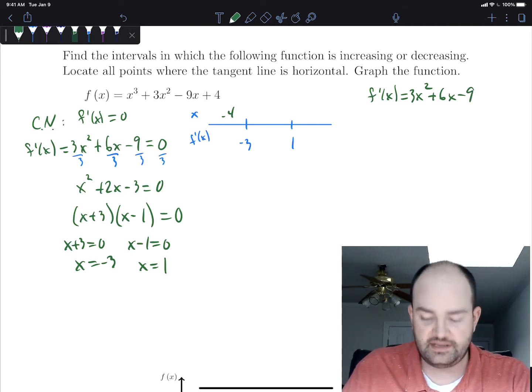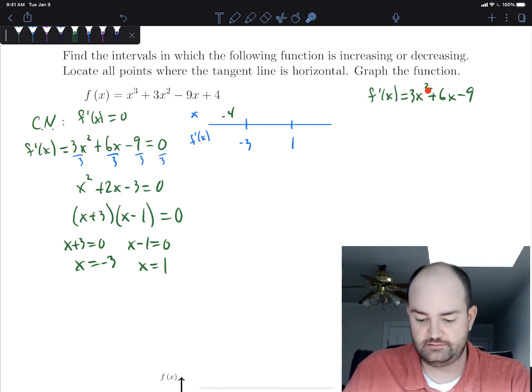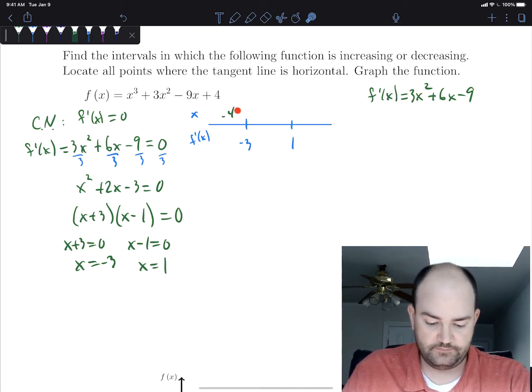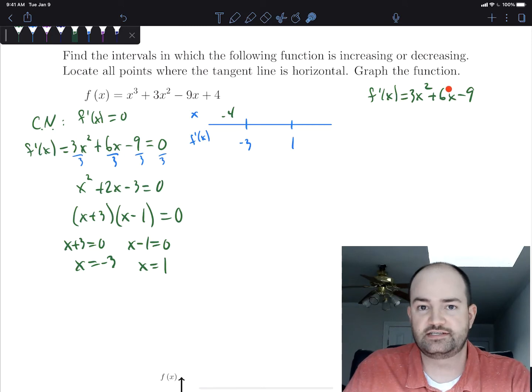And then I just need to find out, is this positive or negative? Just plug in the negative 4 into the function. Negative 4 squared is 16. 16 times 3 is 48. So this is positive 48. Negative 4 times 6 is negative 24.